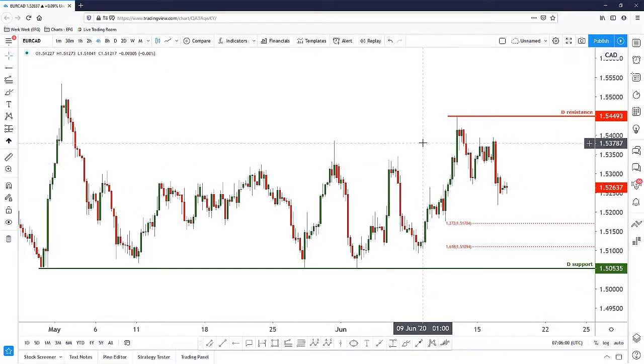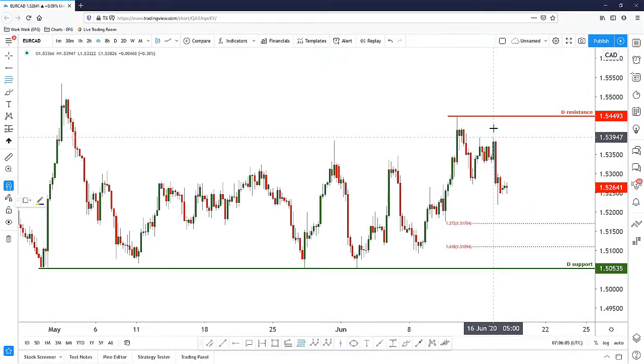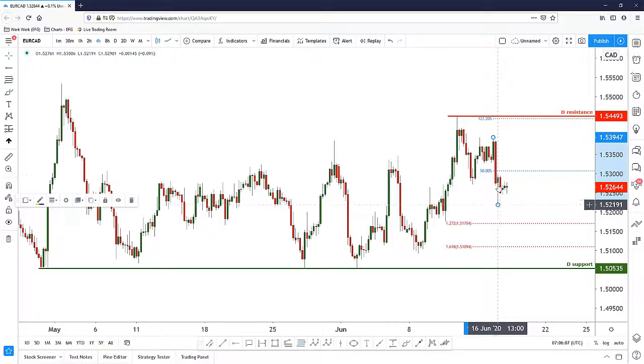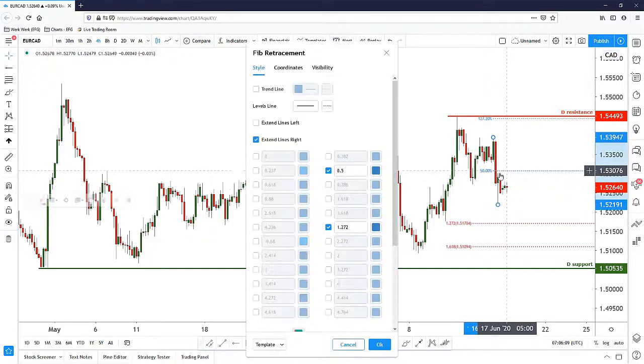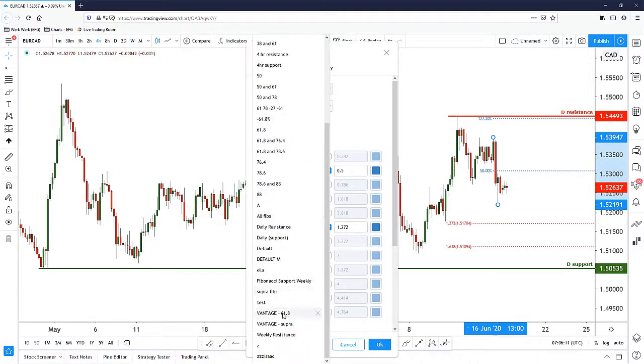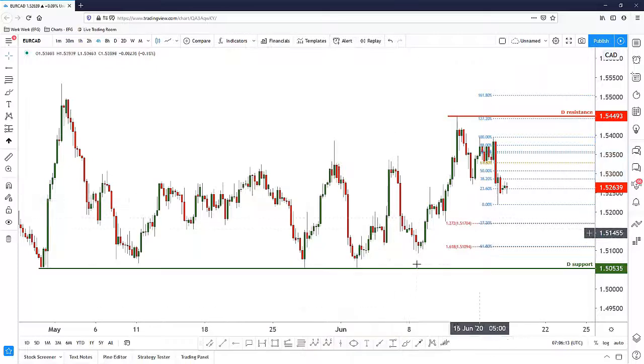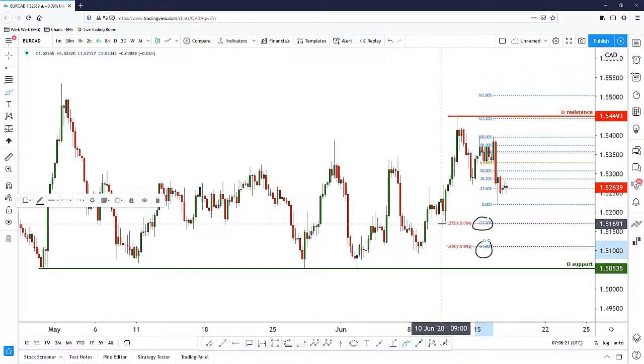Further, we can take a retracement from the high to this swing low over here, open up the Fibonacci ratios. And we see as well the negative 27.2 and negative 61.8 levels line up very nicely with the 127.2 and 161.8 extension.